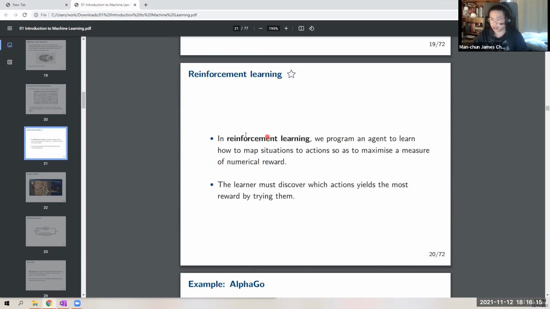All right. And then we have reinforcement learning, right? In reinforcement learning, we have a learner, and what it's trying to do is maximize some sort of reward. This is really general, not really satisfying.